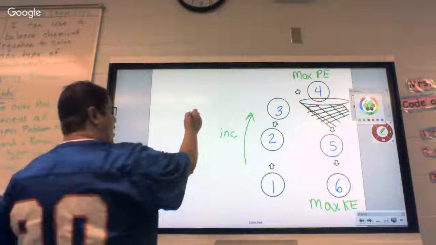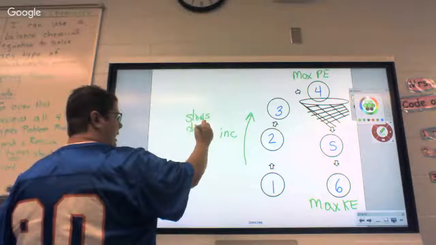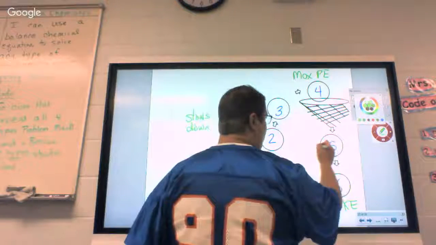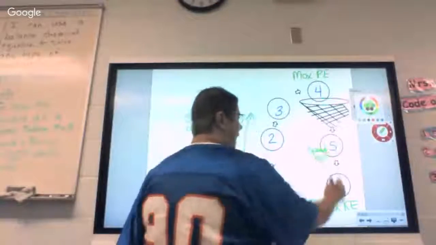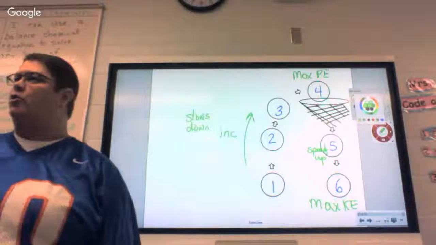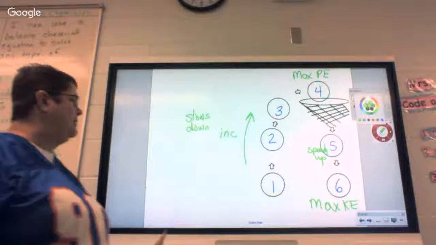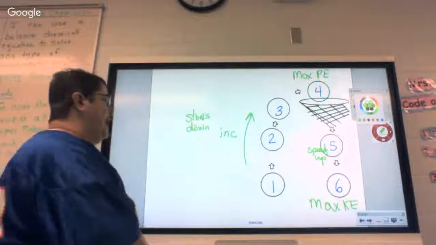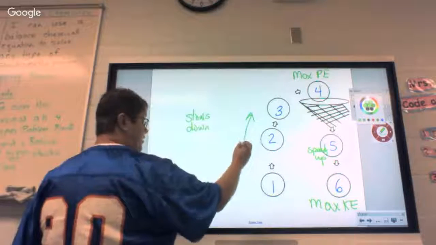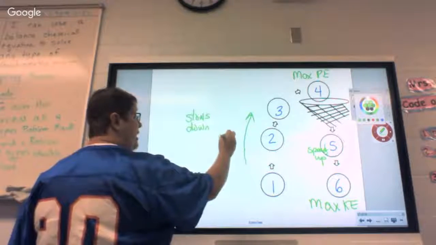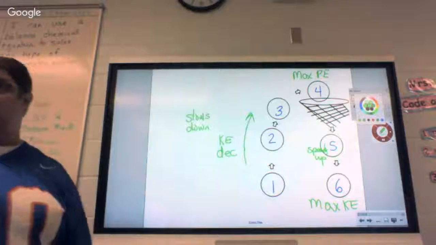So as it goes up, it slows down, and as it starts to fall, it speeds up. Now, based on that, you should be able to tell me what happens to kinetic energy. As I go up, the kinetic energy has to do what if it slows down? Decrease. That's right. Kinetic energy has to decrease if I slow down.